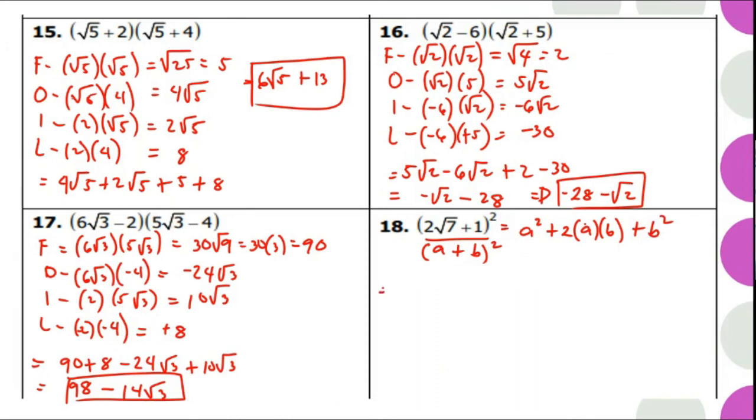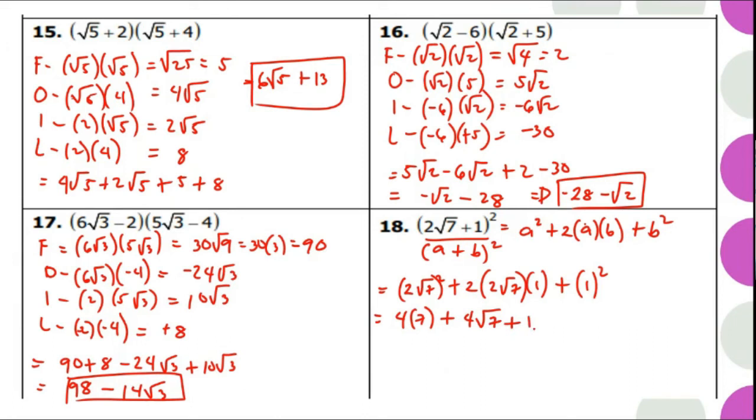So that is simply 2 square root of 7 squared plus 2 times 2 square root of 7 times 1 plus 1 squared. Simplifying, 2 squared is 4, square root of 7 squared is 7, plus 2 times 2 times 1 is 4, copy the radical, square root of 7, plus 1 squared is 1.